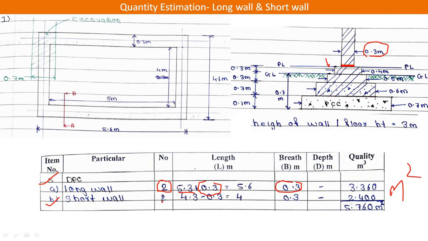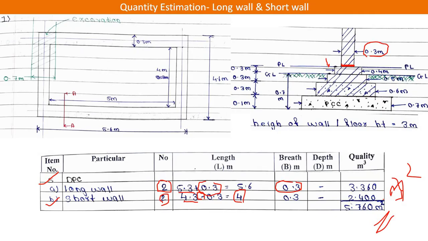Similarly for the short wall, there are two numbers of short wall. The center length of the short wall is 4.3 minus 0.3, which will come as 4, and by adding these two values, we will get the quantity for DPC as 5.760 meter square.